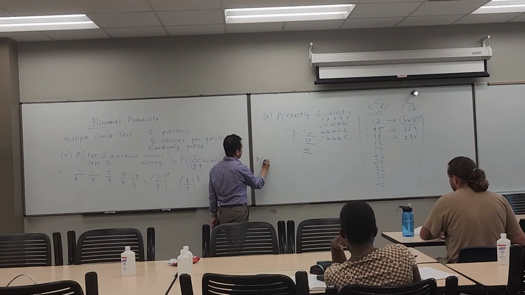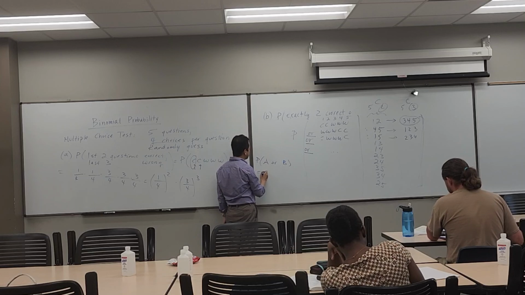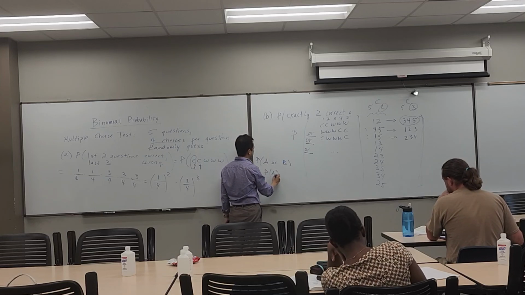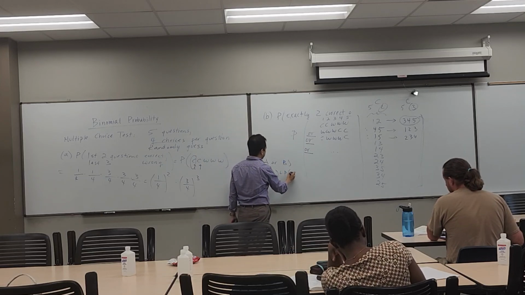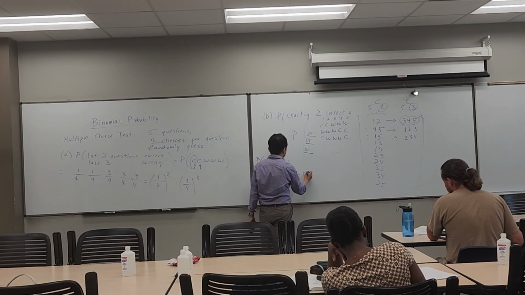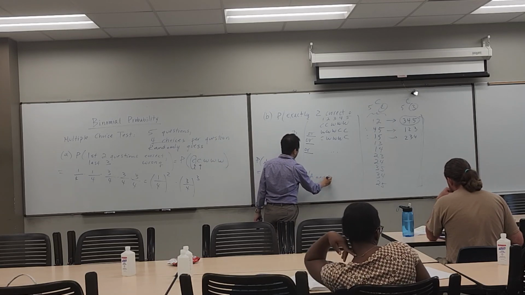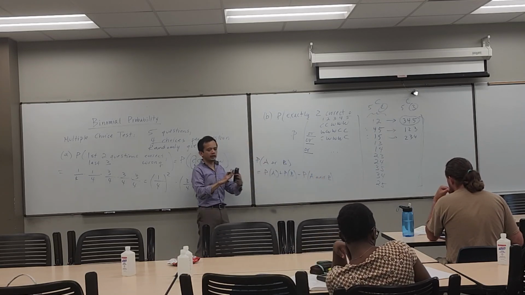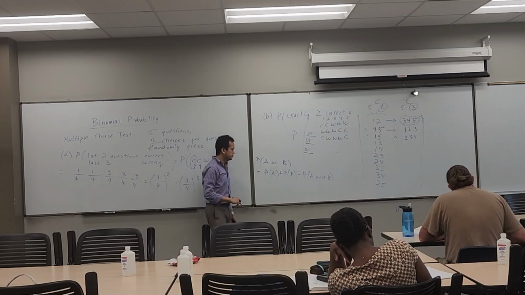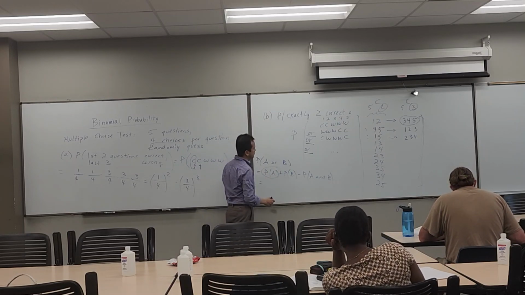Addition rule says that if you have a probability with 2 events joined by or, that will be equivalent to the probability of the first event plus probability of the second minus probability of the overlap between the events. So let's try it for this example.